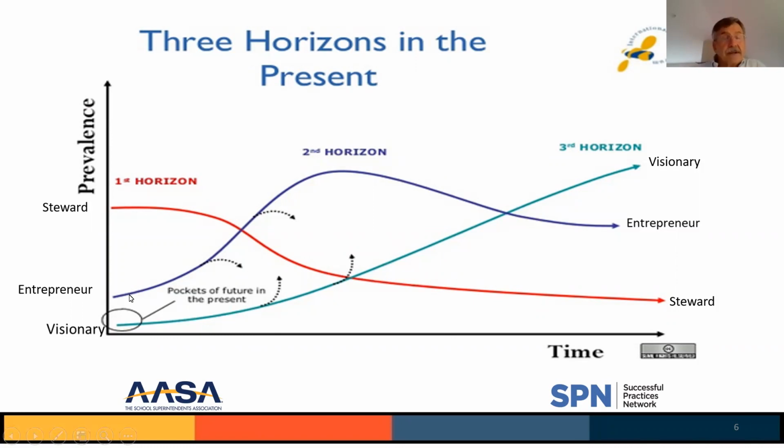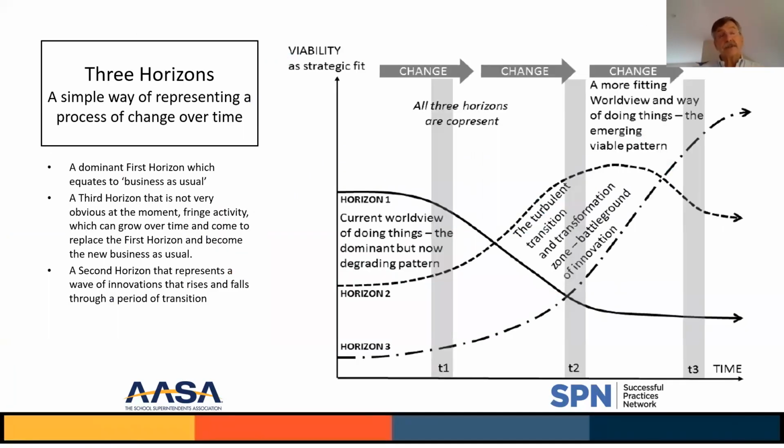But there's this Horizon 2 line, which is the entrepreneurial line, where there are things going on that are causing us to think, wow, this will affect our system for the future. And these are the 3 horizons that you look at as you begin to think and be future focused. So the simple way to see it in this slide is that this is the current system, the dominant system that we have.